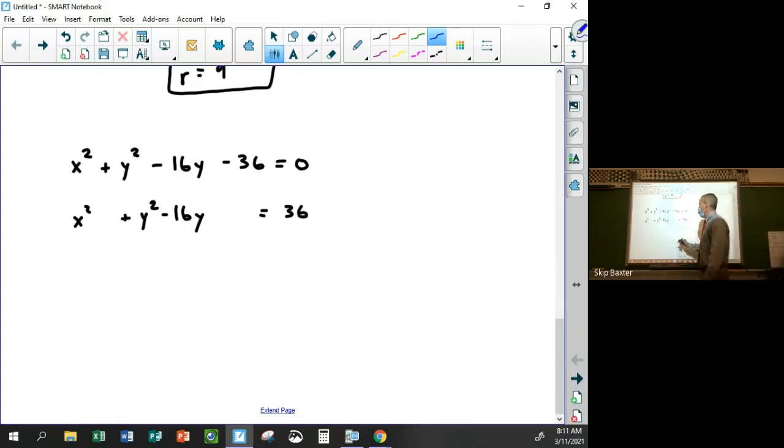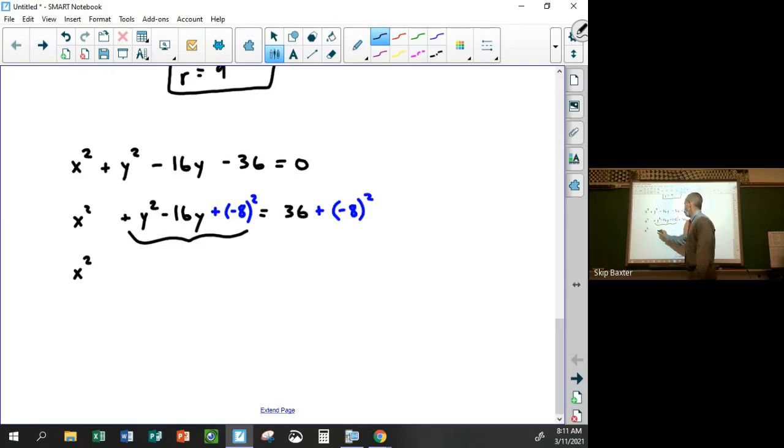So I'm just going to add -8 squared here and add -8 squared here. So that's just x squared. These terms factor as y minus 8 squared. And then 36 plus 64 is 100. So the center of this circle is 0, 8, and the radius is 10.